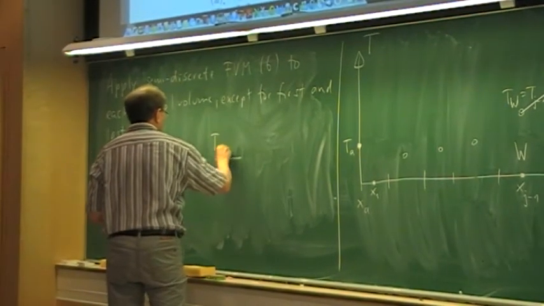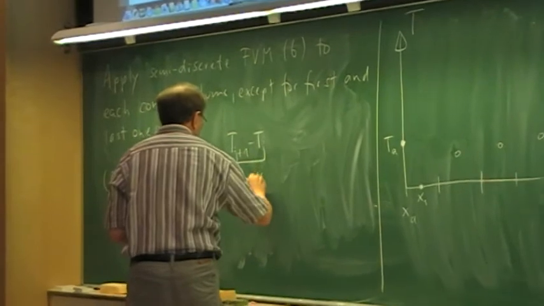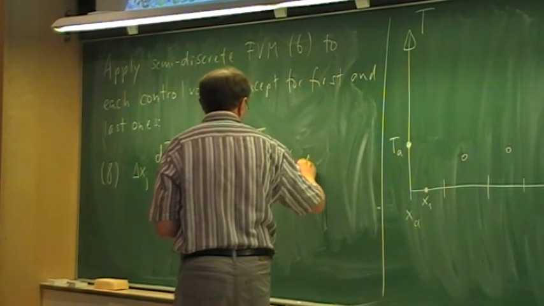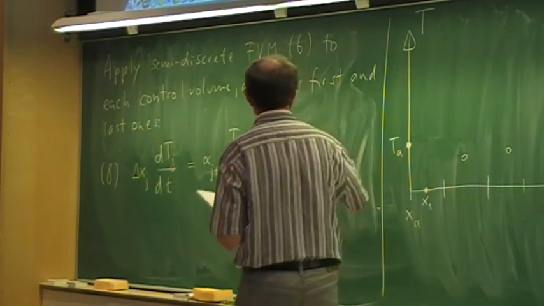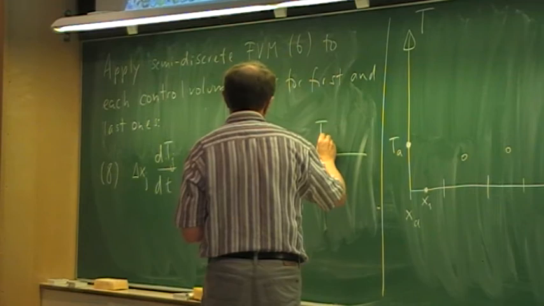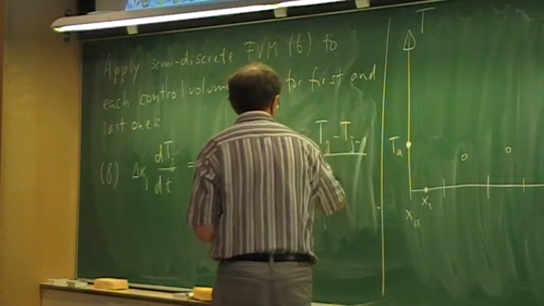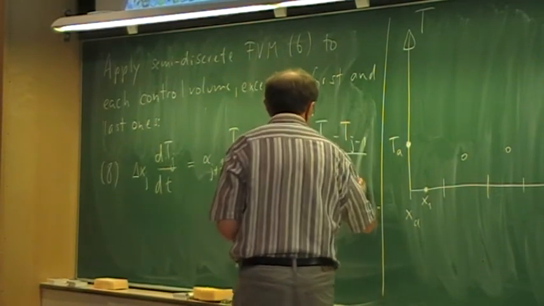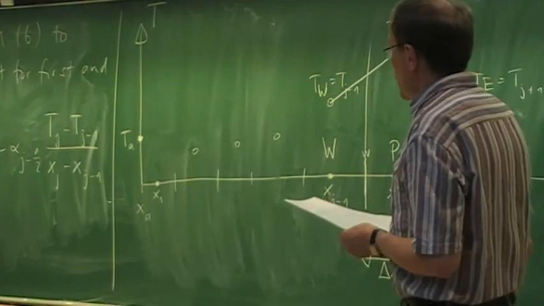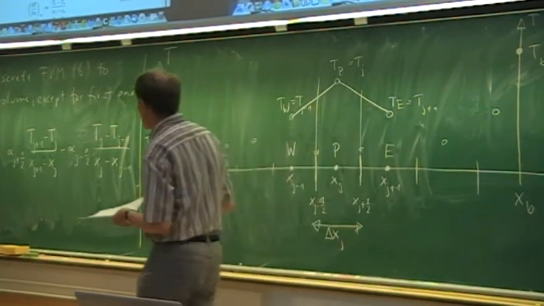We get Tj plus 1 minus Tj divided by the distance between the respective midpoints, minus alpha j minus 1/2, that is what was western before, times the difference approximation that we have at the western face now, which is Tj minus Tj minus 1 divided by the distance of those midpoints. So we use this to approximate the slope at xj minus 1/2. So that is what we do.